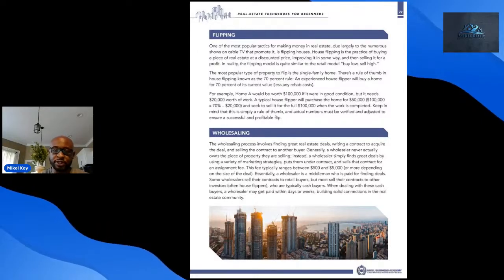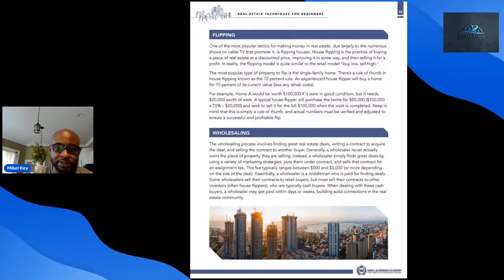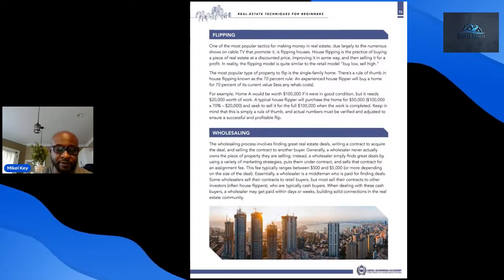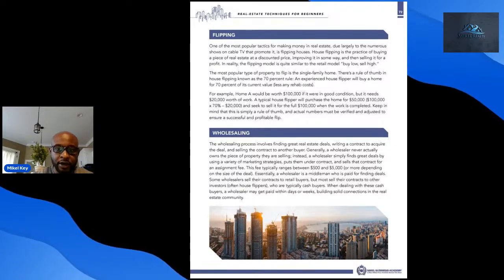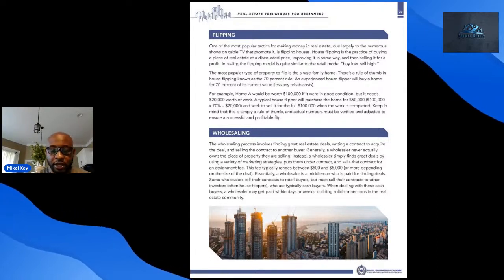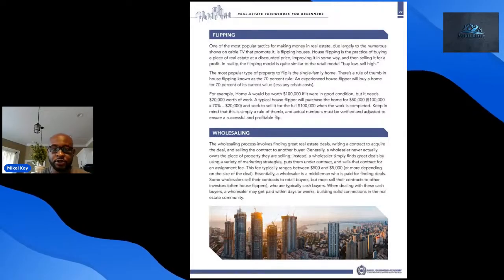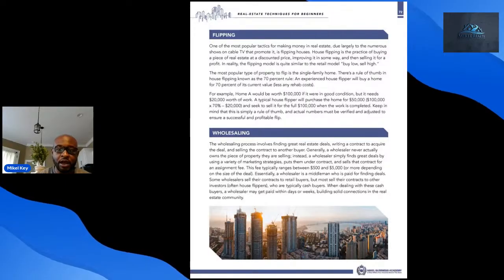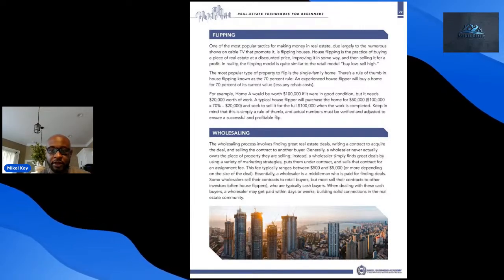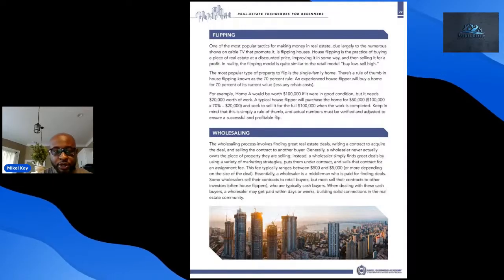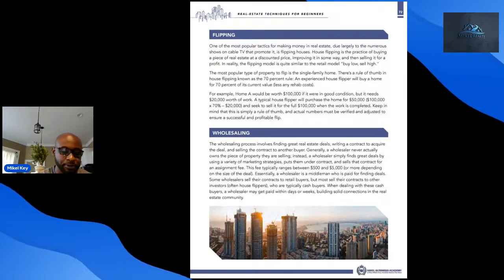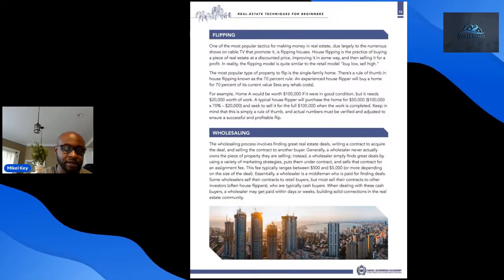Now, the 70% rule says that you don't want to invest more than 70% of the home's after repair value in the renovation cost and the cost to purchase the property. For example, if the after repair value is $100,000, you can invest no more than $70,000, because 70% of $100,000 is $70,000.